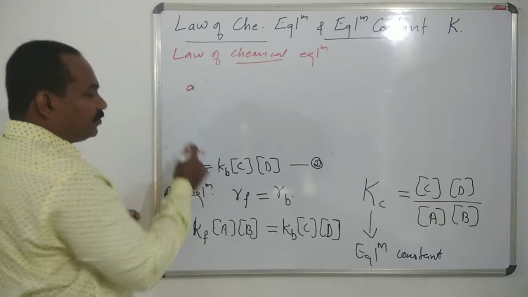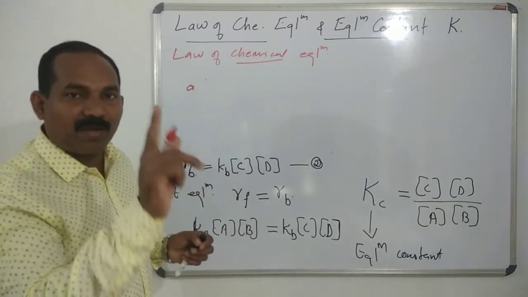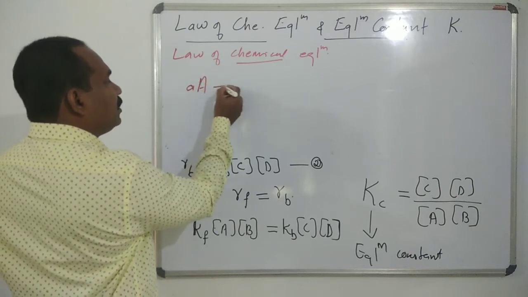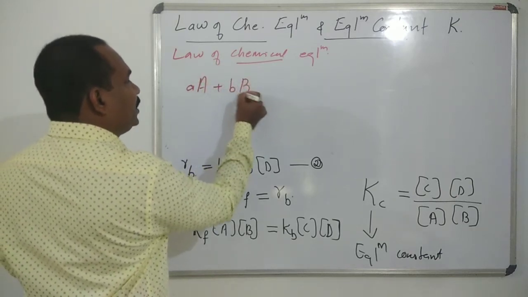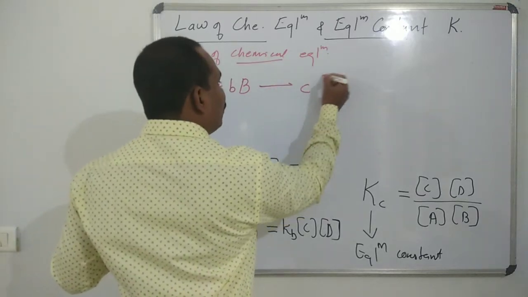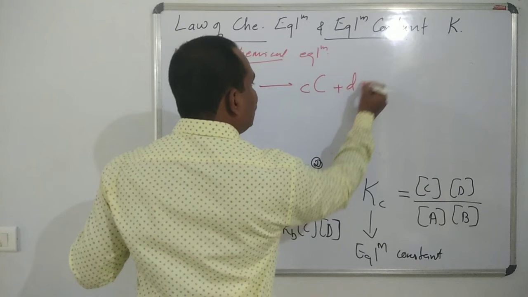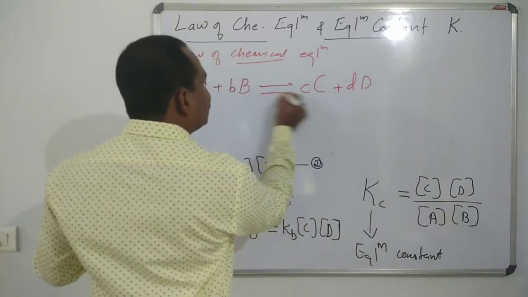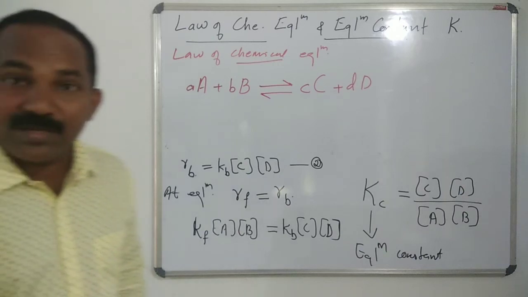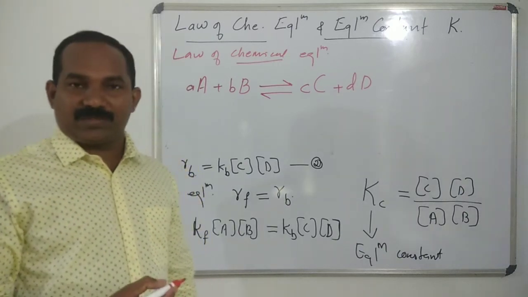As earlier we considered 1 A, 1 B. So here a moles of A plus b moles of B gives c moles of C plus d moles of D, and this is an equilibrium reaction.